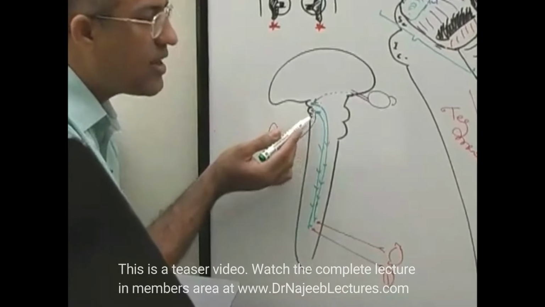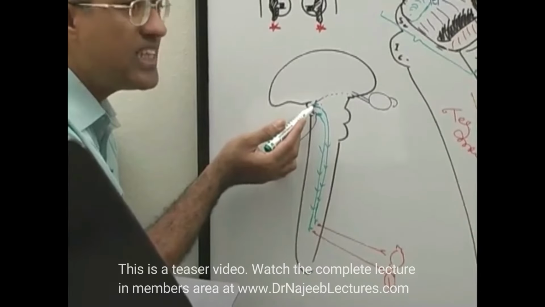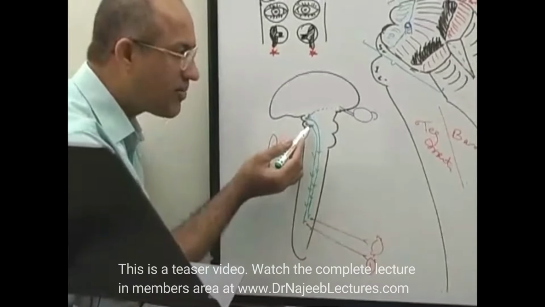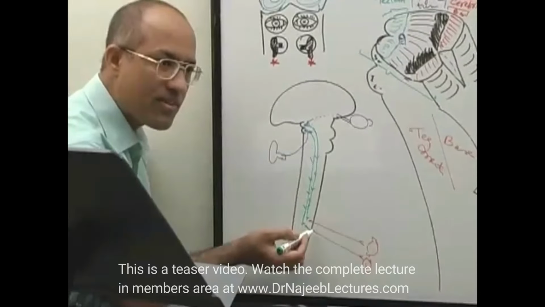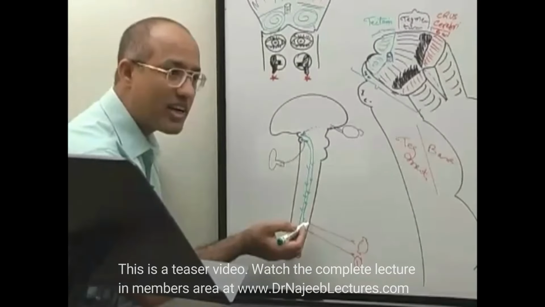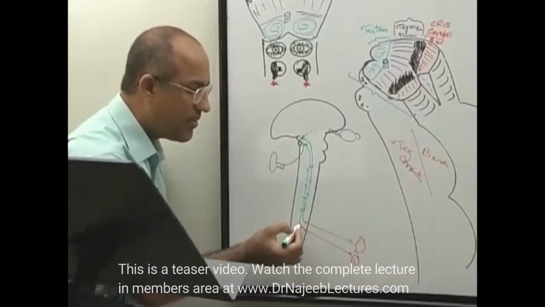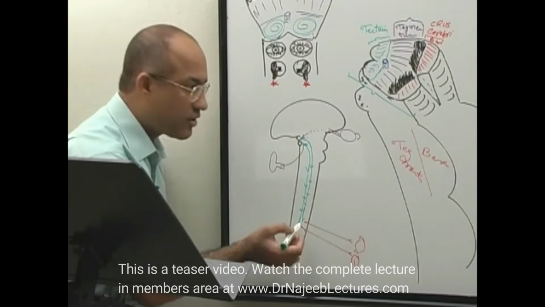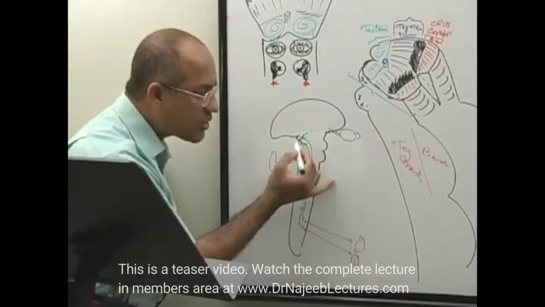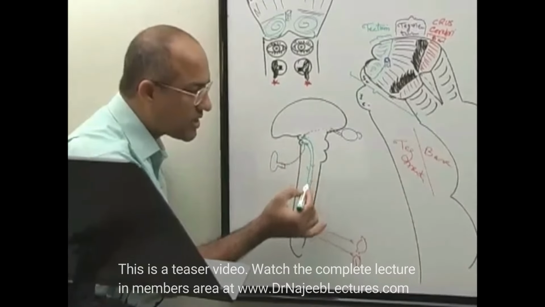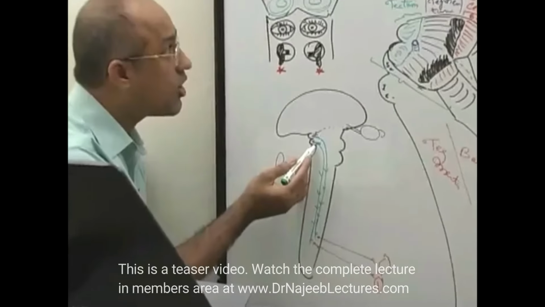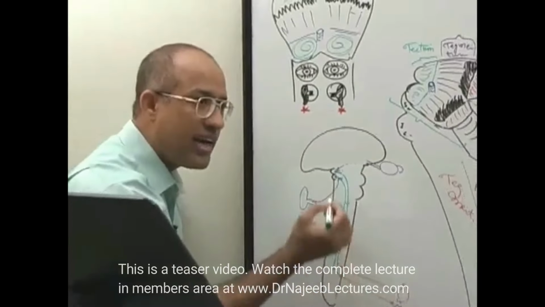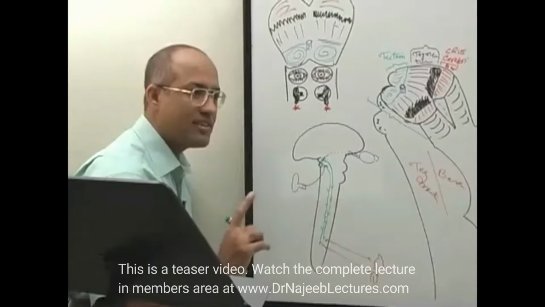Actually, this pathway helps mediate the visual spinal reflex or auditory spinal reflex. Am I clear? Now, because this pathway is coming down from the superior colliculus and inferior colliculus, which are part of the tectum, this pathway is also called the tectospinal pathway. What is it called?